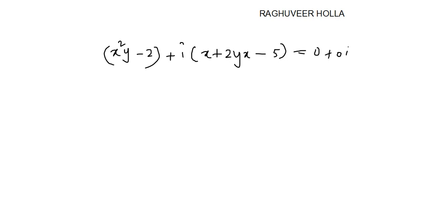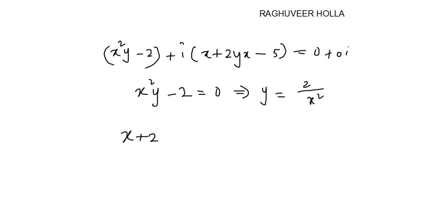Now equating the real and the imaginary parts of both sides, we get x square y minus 2 is equal to 0, which implies that y is equal to 2 by x square, and the imaginary part here is again equated to 0.